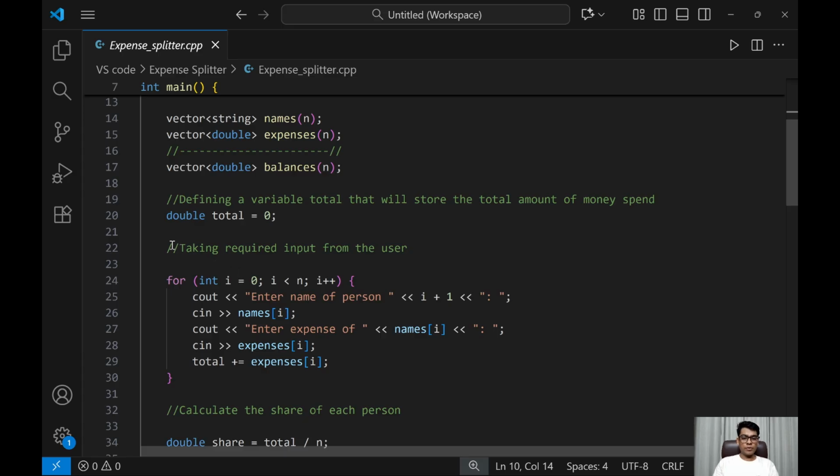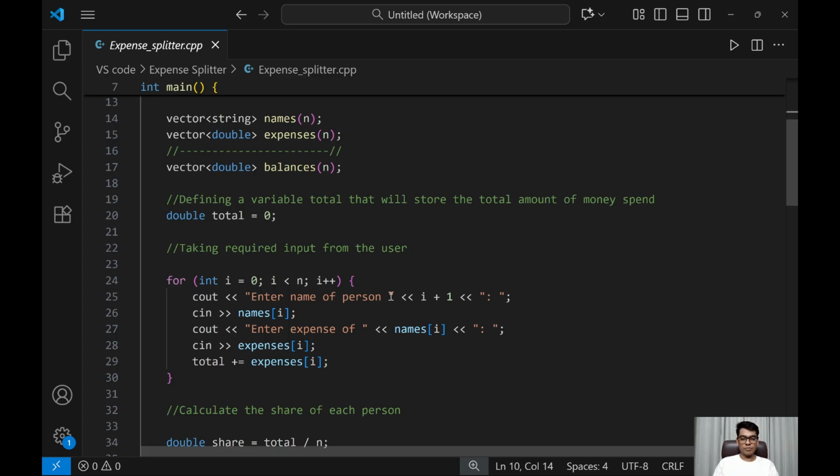Then I will take the input from the user. I have run a loop from i equal to 0 till i less than n, that is, it will run n times. And first of all, it will show enter the name of person i plus 1. Why i plus 1? Because the first element of a vector has index equal to 0. However, while taking the input, it can't be enter the name of person 0.